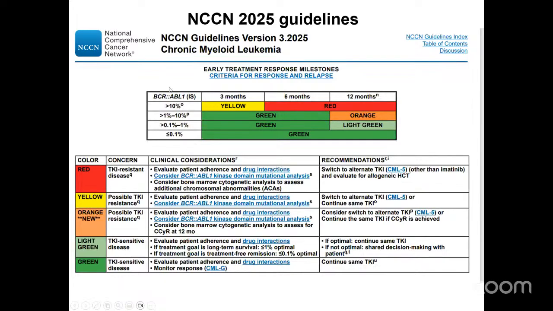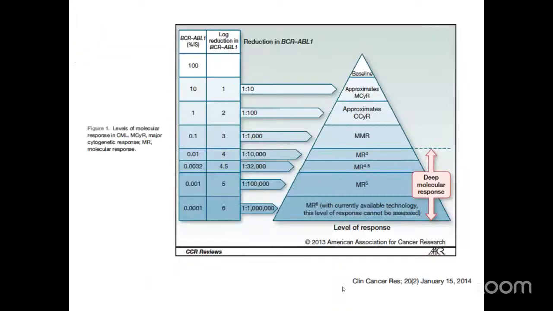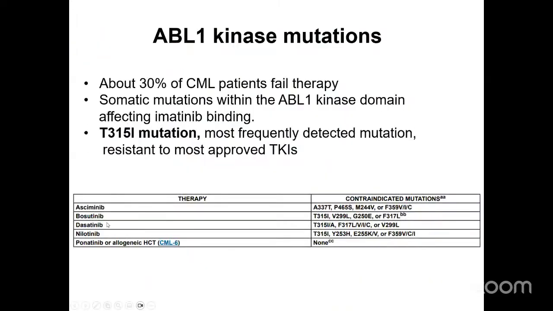If you do not get this kind of reduction in the time periods mentioned here, you want to consider changing the TKI and also doing further molecular testing to look for possible resistance. And this shows what therapy should be used for what kinds of mutations are identified in the ABL1 kinase domain.